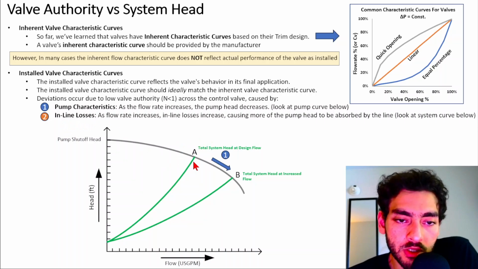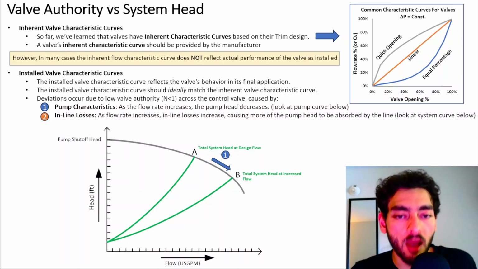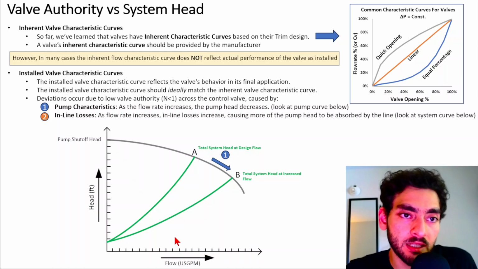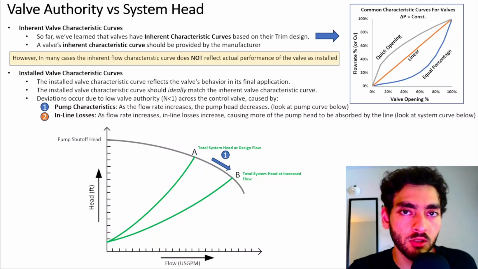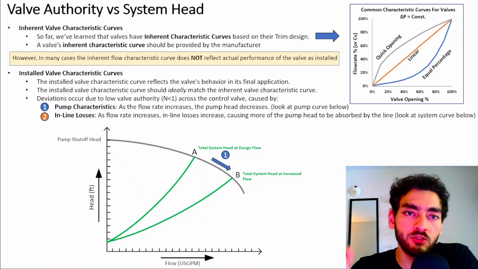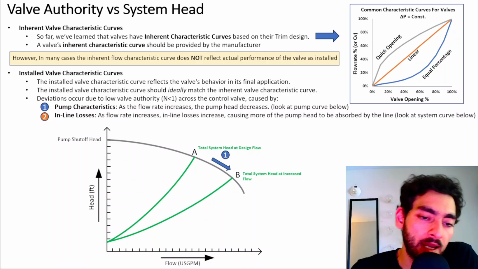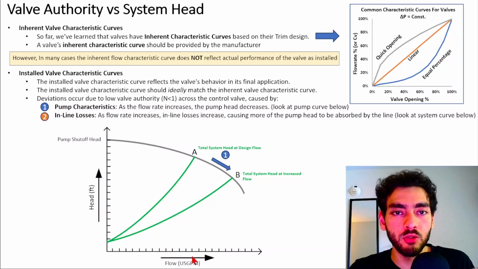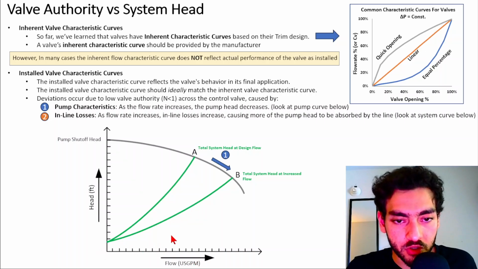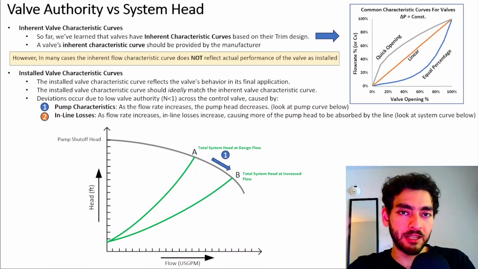So as we've increased the flow rate from point A to point B, the piping friction loss is now a lot higher. If you remember from my previous lectures, we noted that the friction loss across the piping is related to the velocity to the power of 2, which means that if you increase the flow rate, you've increased the velocity, so the contribution of the pressure drop going to the piping system versus the control valve has increased.